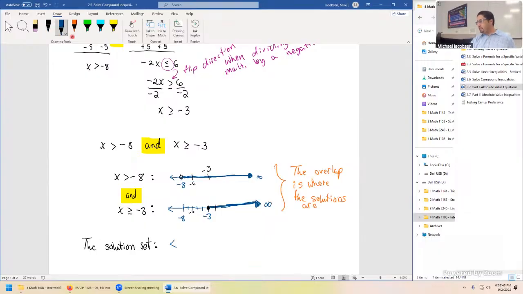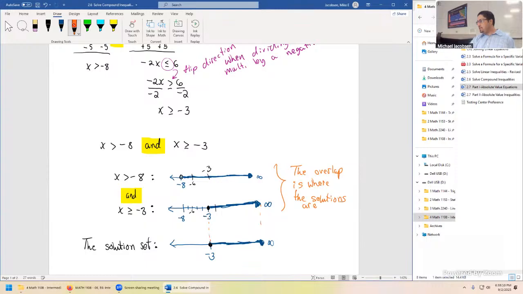One more graph just to visually emphasize how we're grabbing this. We go to -3, maintain the solid dot, and shade everything going off to the right towards infinity.